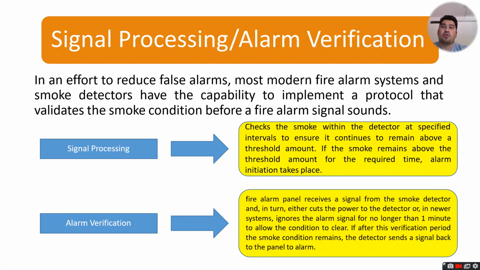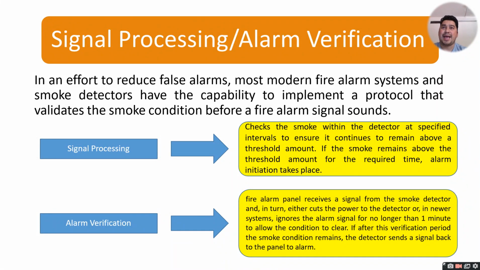In an effort to reduce false alarm, most modern fire alarm systems and smoke detectors have the capability to implement a protocol that validates the smoke conditions before a fire alarm signal sounds. So in many areas, many industries, fire alarms will initiate day to day, and the occupants have to leave the building.